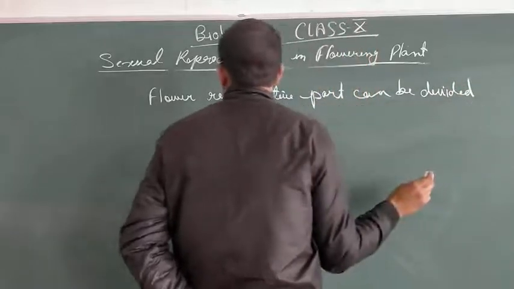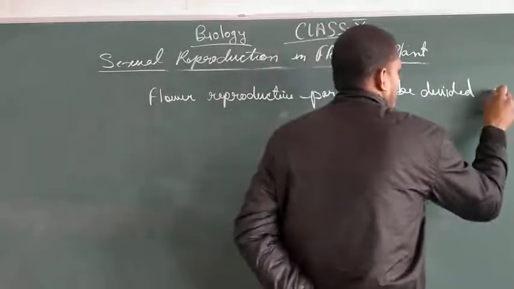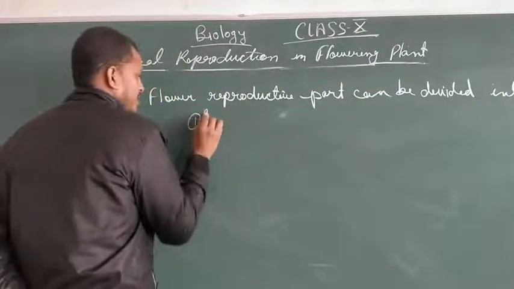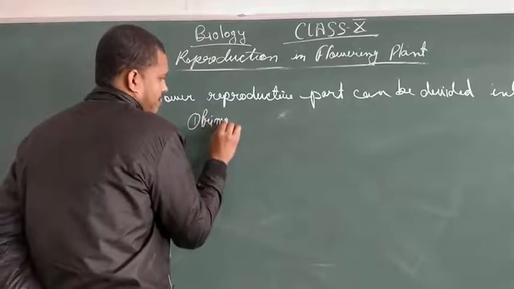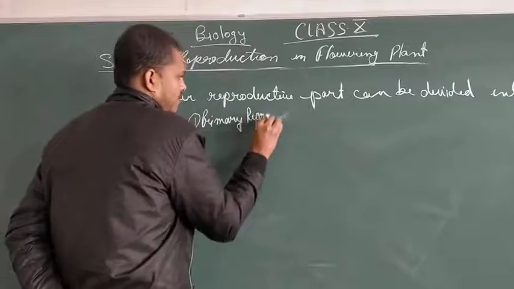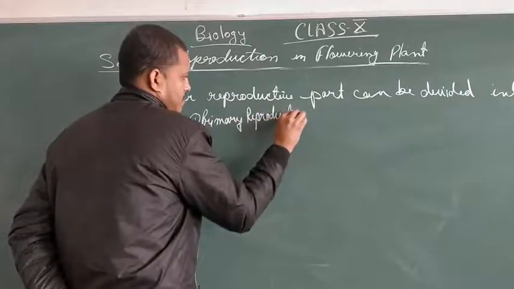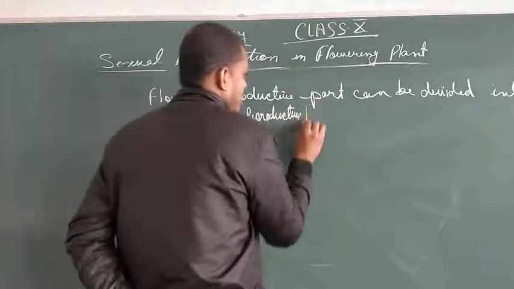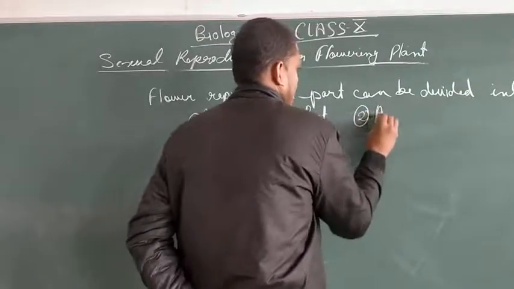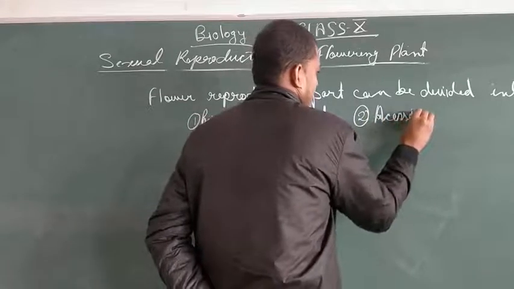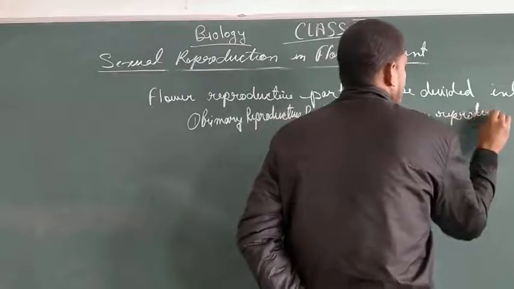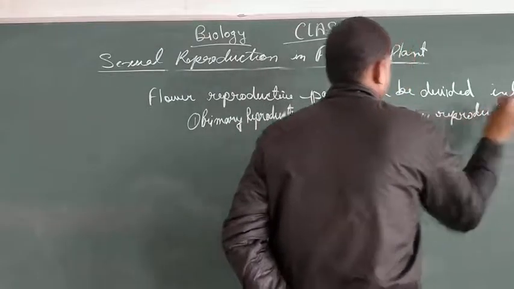The flower reproductive part can be divided into the primary reproductive part and another one, the accessory reproductive organ.